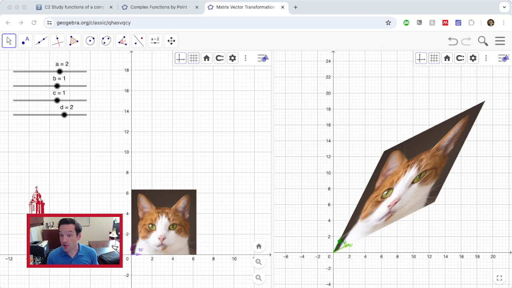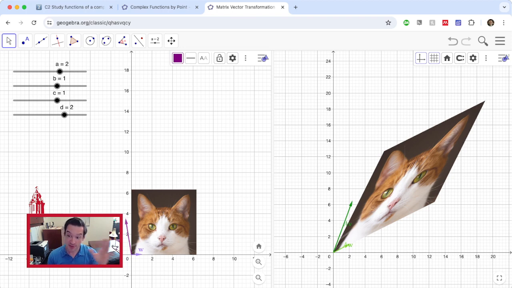I've chosen this particular matrix, 2, 1, 1, 2, because it goes by the name of the cat map in linear algebra and dynamical systems, and so that's what inspires the use of this cat graphic to investigate what's going on here. If I change my inputs, I can observe how the corresponding outputs change. After all, a function is a relationship between input and output.